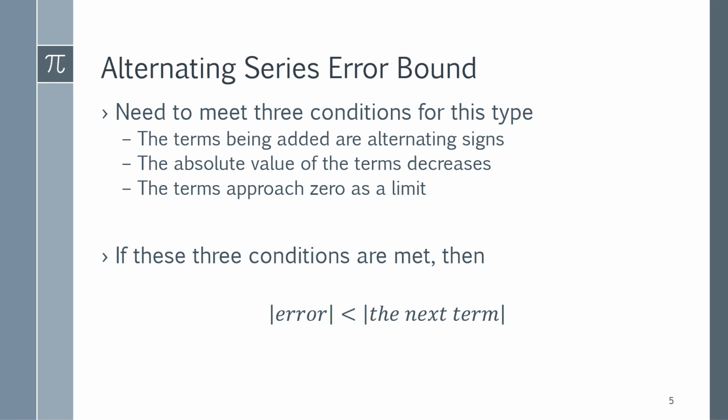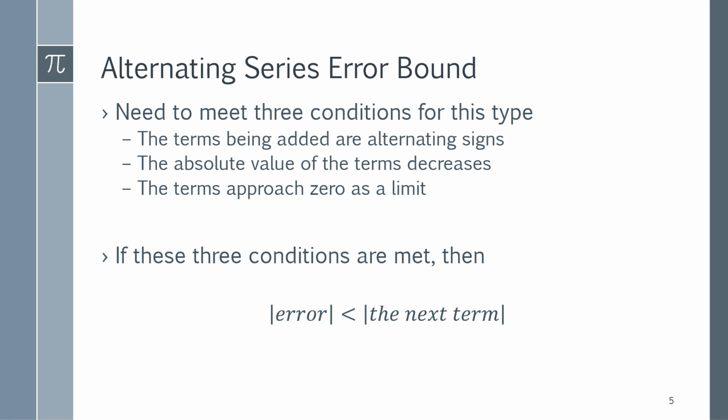And I need both of those. So we need an alternating series, and the absolute value of the terms decreases and approaches zero as we go out to an infinite number of terms.